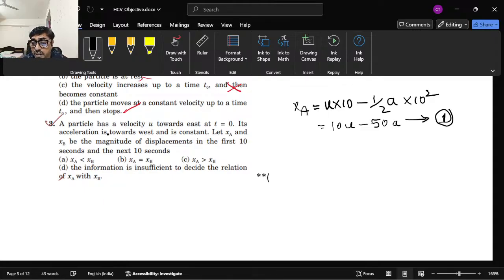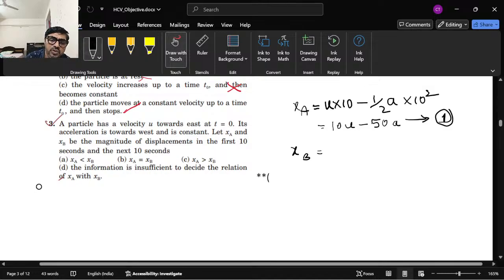Now xb will be displacement from 0 to 20 seconds, total displacement you calculate.